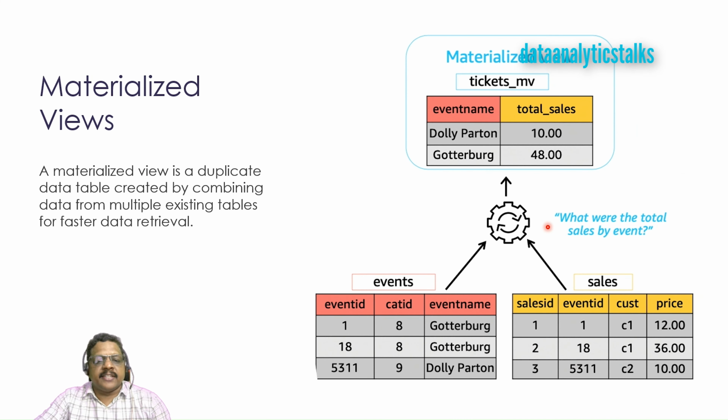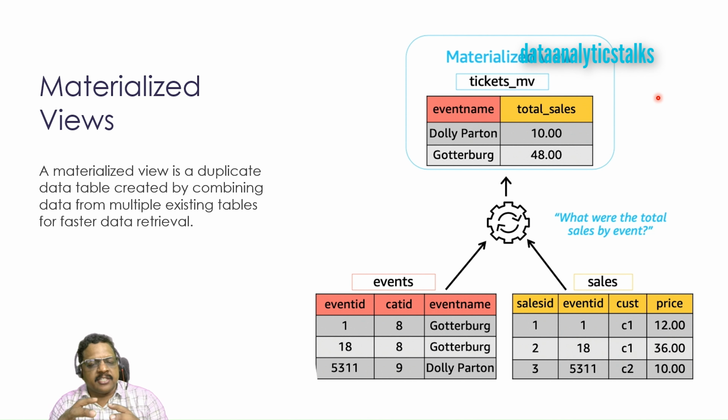As you see in this example, we have two tables. We have an event table and we have a sales table. The event table contains all the event related data, and the sales table has all the tickets or the sales related data. So if I want to combine events and sales and bring a view, I can create a normal view and I can also create a materialized view.